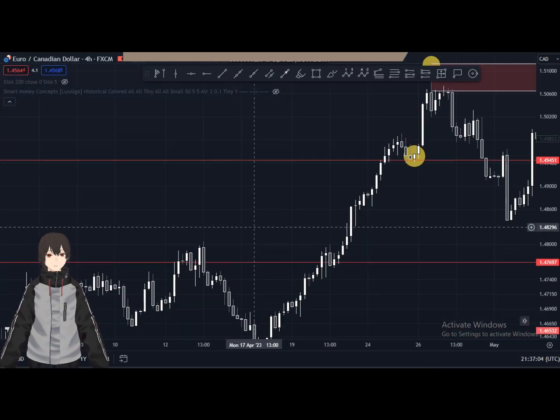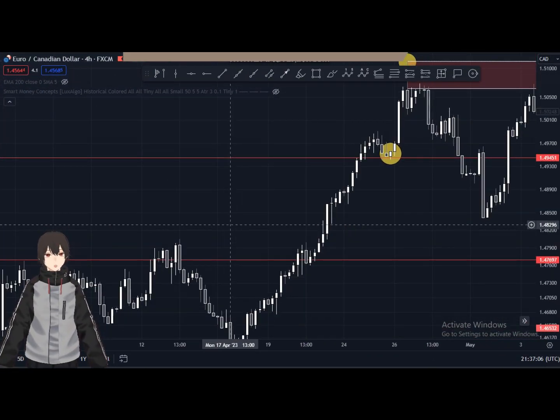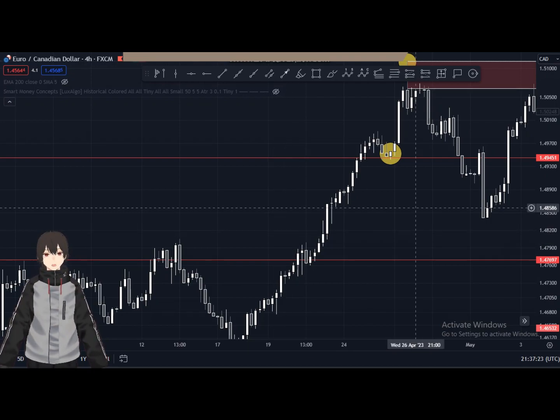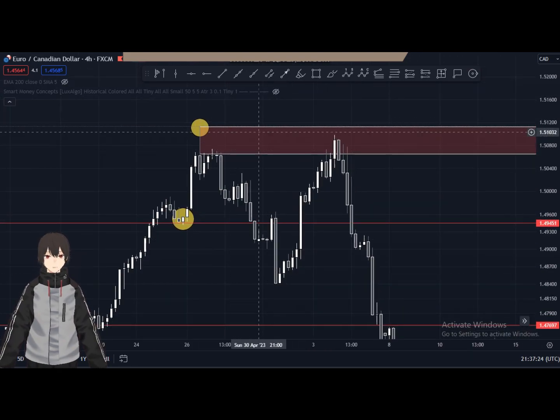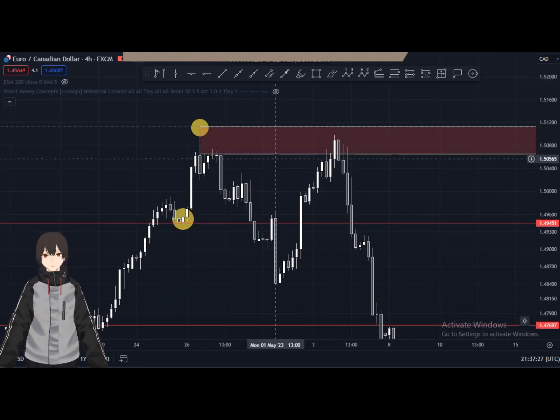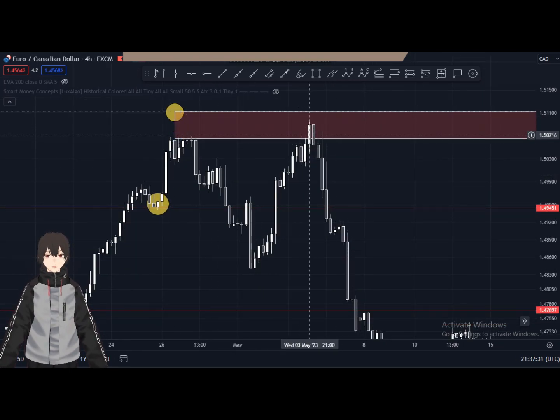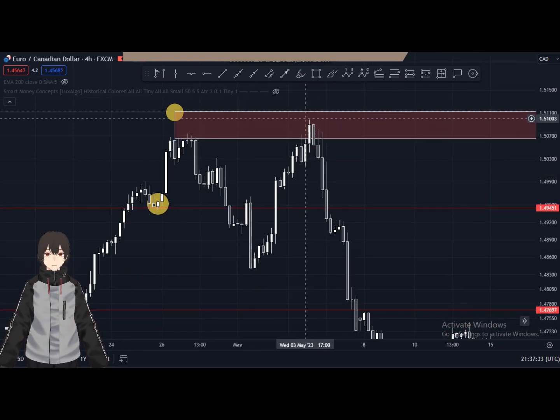Today we will learn about support and resistance. Somewhere in the chart, when the market touches that place, we can see the action at that place. This is a resistance zone. The market came here, touched the resistance zone, then came back down.